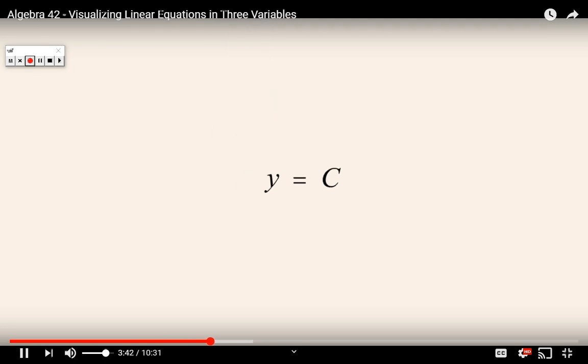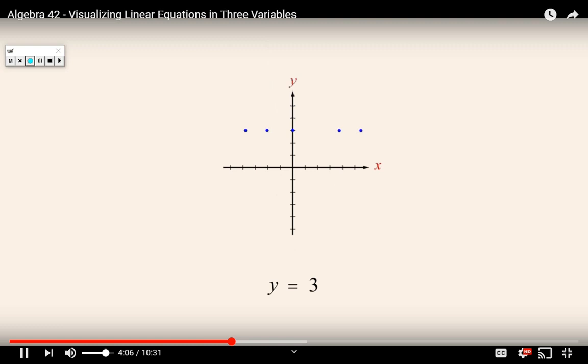If we set the constant c to 3, we get the linear equation y equals 3. Since the values of x are no longer constrained by the equation, x is free to take on any value. The graph of this equation therefore consists of every point whose y-coordinate is 3 and x-coordinate is any real number. The set of all these points is a horizontal line 3 units above the origin.